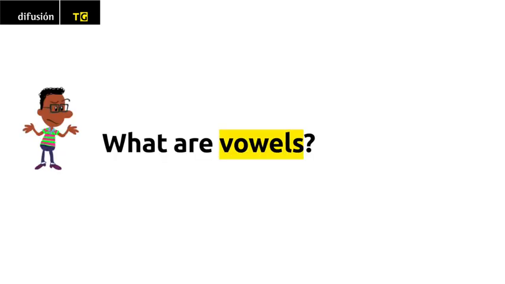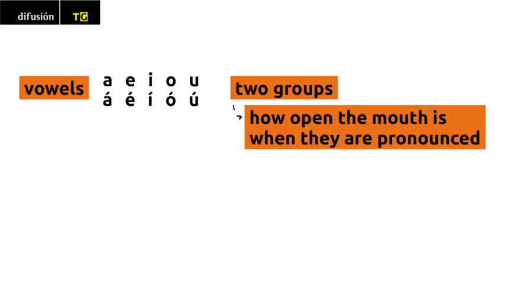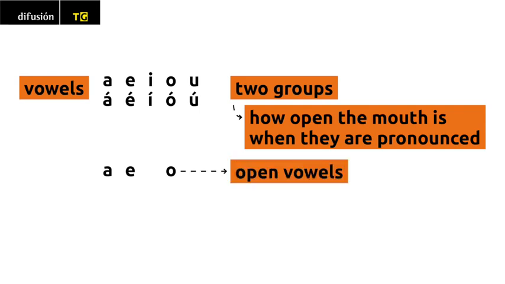What are vowels? Vowels are the sounds A, E, I, O, U. In Spanish, vowels are divided into two groups, according to how open the mouth is when they are pronounced. A, E, and O are open vowels.